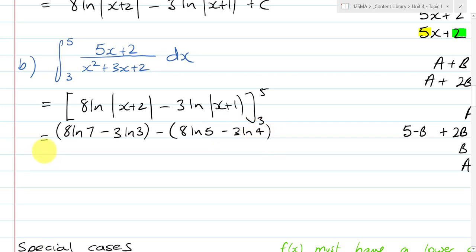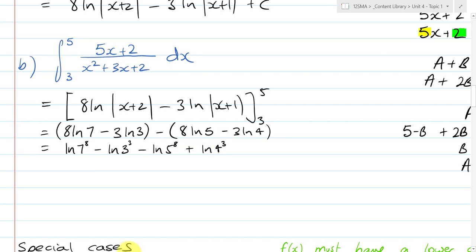And of course this does get out of hand because I have to bring the powers in before I can actually bring these together. So I could evaluate this now, but just to remind you of some log laws, that means it's log of 7 to the power of 8 minus log of 6 cubed minus log of 5 to the power of 8 plus log of 4 to the power of 3.